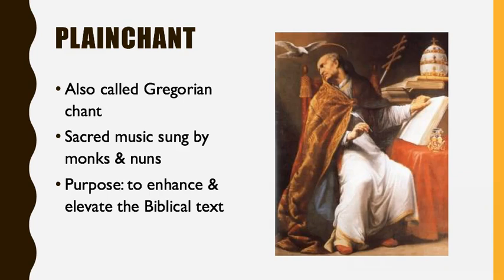And the purpose of this is to enhance and elevate the biblical text. So any text that comes from the Bible is considered to be especially important, of course, in a religious setting. So by setting it to music and singing it, you're indicating that it's especially important and meaningful.